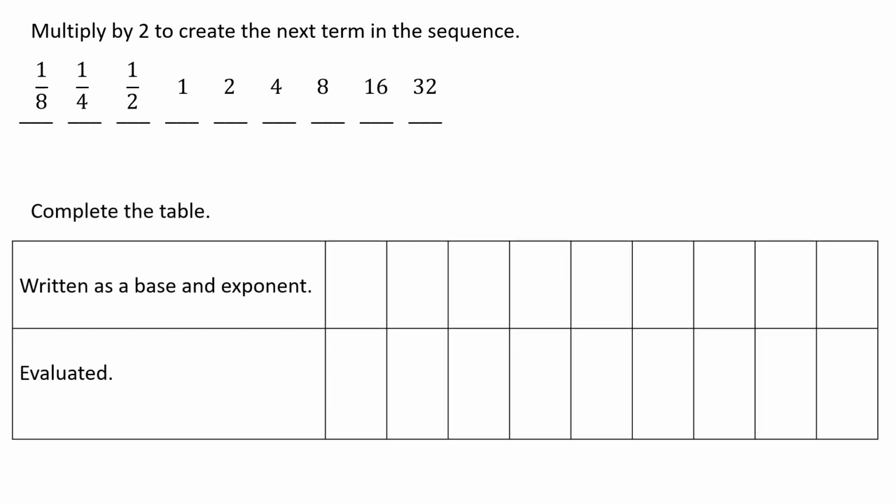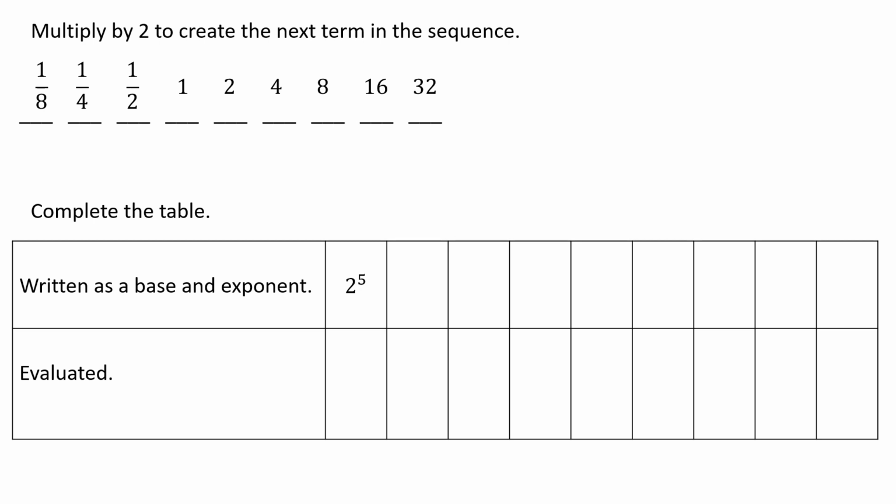And now here's a table that we're going to complete. I'm going to start giving you some bases and exponents, and we just want to evaluate the expression I give you. All right, so the first one we got copied down is 2 to the 5th power. What is 2 to the 5th power?